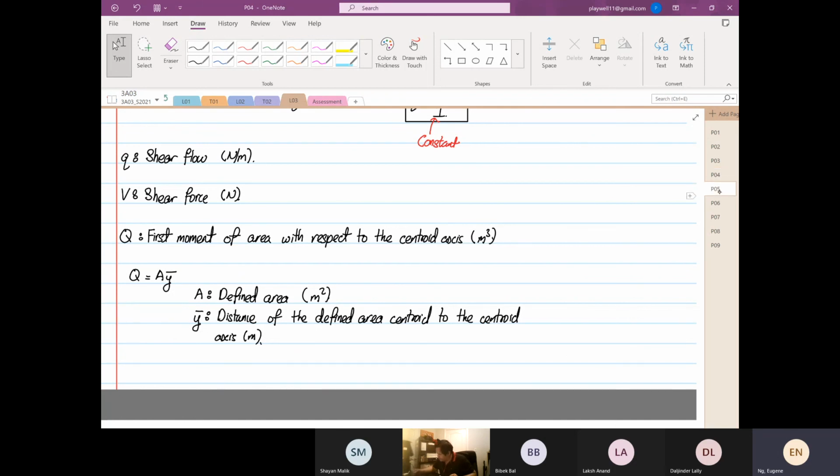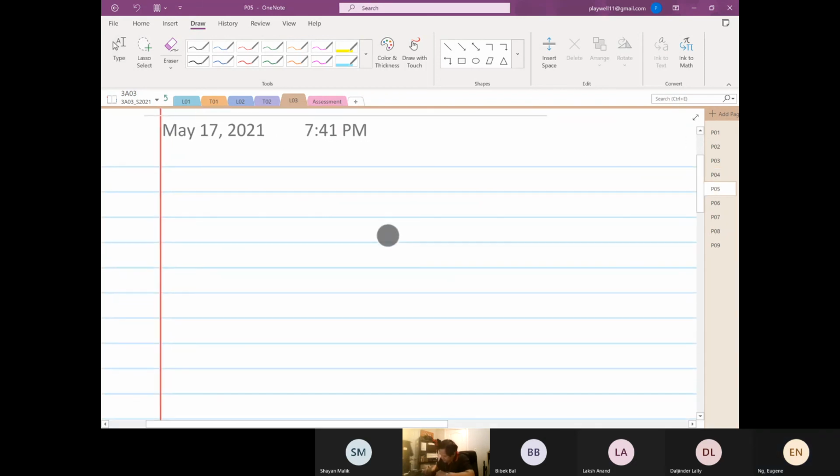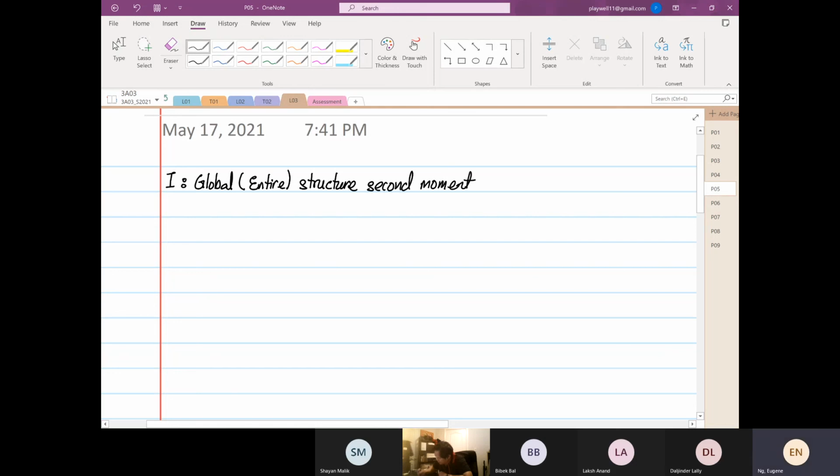I is defined as the global, global means the entire structure, second moment of area.